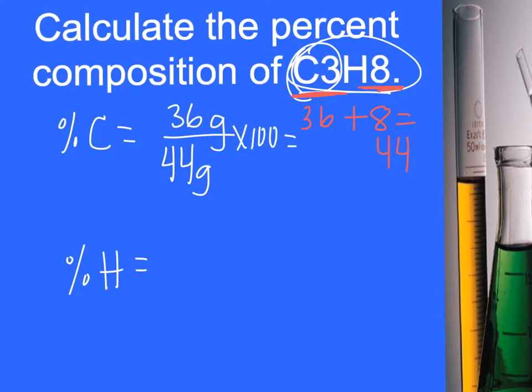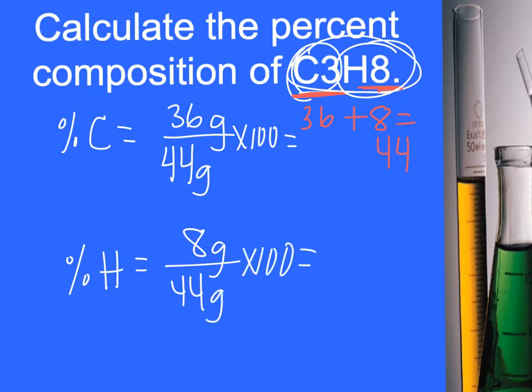All right, then we're going to do the same thing for hydrogen. There's 8 hydrogens, so 8 times 1 is 8 grams, over the mass of the whole thing, which is 44, times 100.